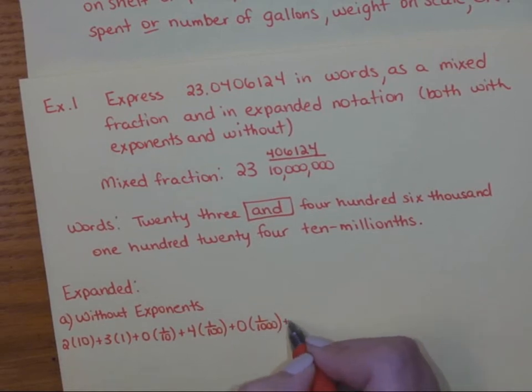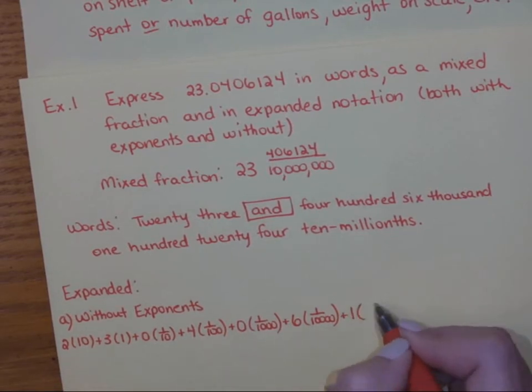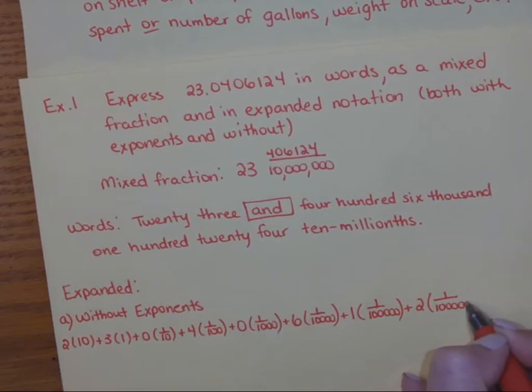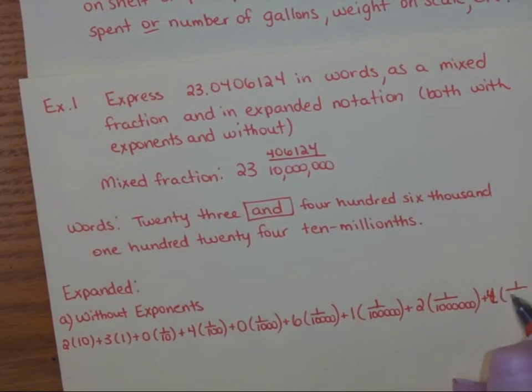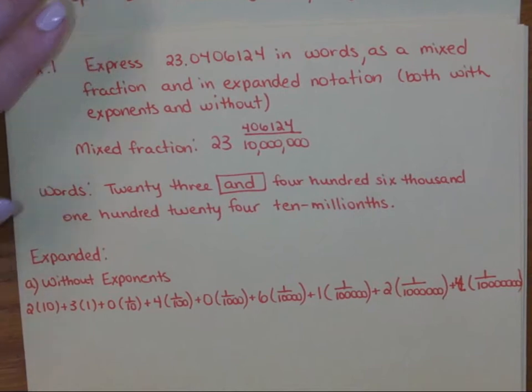This one's kind of tedious, right? 6 in the ten-thousandths place. 1 in the hundred-thousandths place. 2 in the millionths place. And then finally, a 4 in the ten-millionths place. And again, 10 million has 7 zeros. Almost ran out of room there. Let me make sure that's on screen.